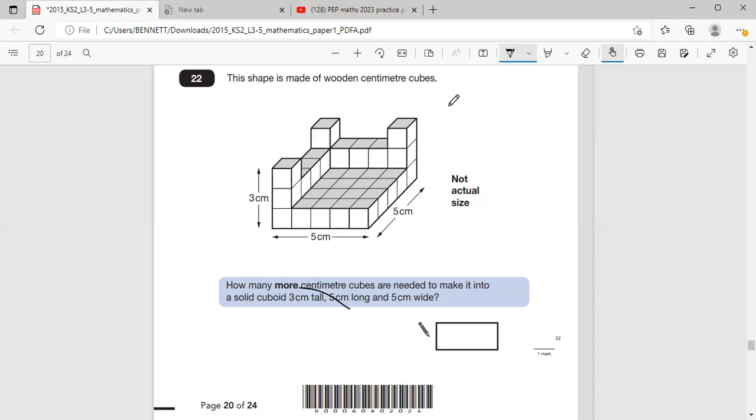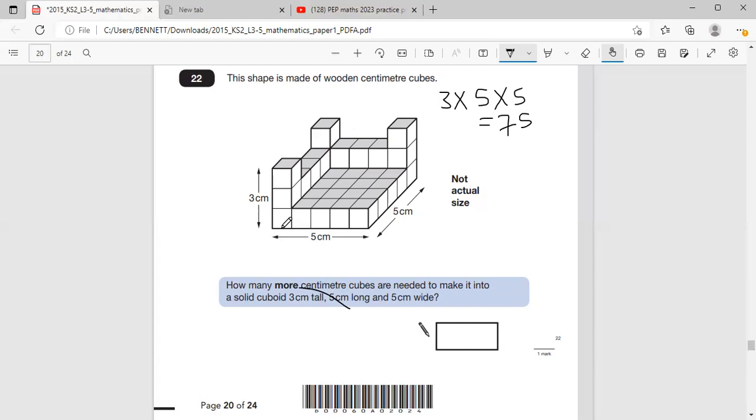First we need to know, if it's complete, how many would there be. 3 times that, so it would take a total of 75. So let us see how many are there. This one is really spooky and tricky.